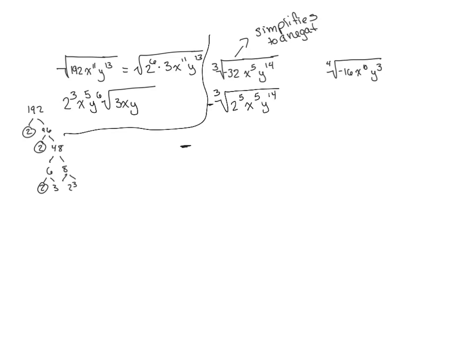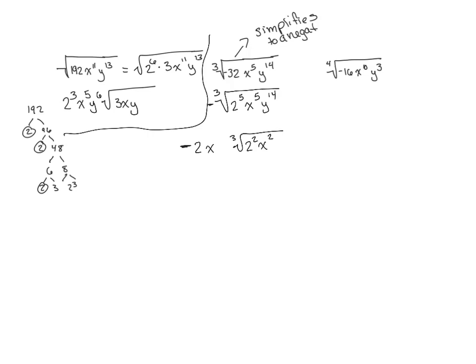So let's go ahead and divide our exponents by 3. 5 divided by 3 gives us 2 to the first power, and a remainder of 2, so we have 2 squared inside of the radical. Again, we have x to the 5th, so 5 divided by 3 gives us x to the first power, and a remainder of 2, so x squared inside of the radical.